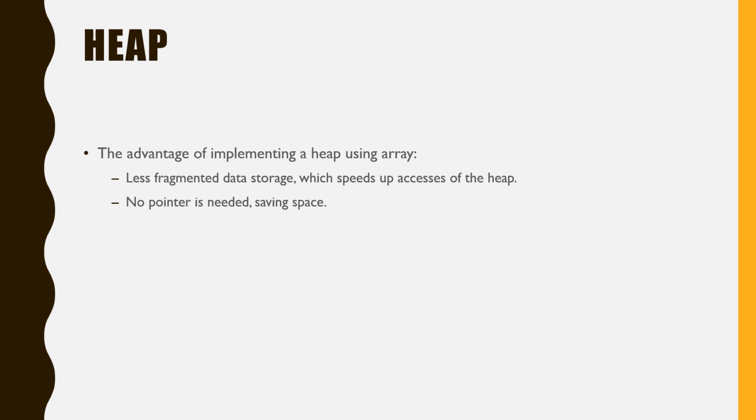First, in an array, all data elements are stored in consecutive memory blocks. This improves cache performance and makes data access more efficient. Second, the array implementation does not require pointers to link nodes, saving memory space compared to the tree-based implementation.